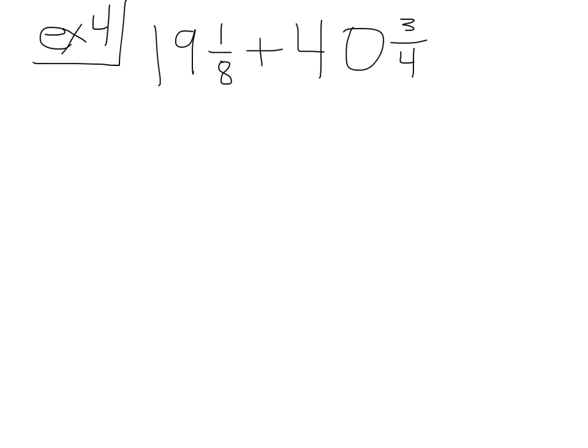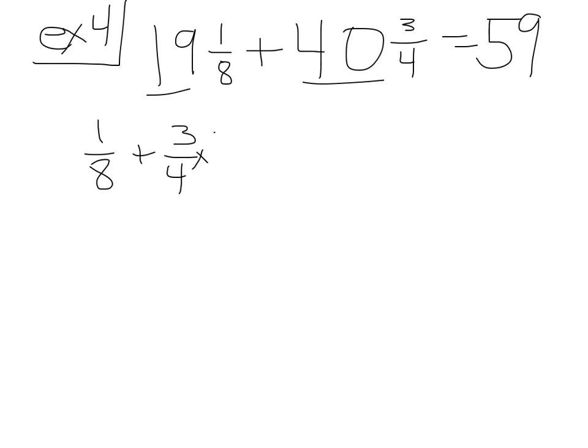So we're going to add, well, we could do this a couple ways. We can actually do a shortcut here. 40 plus 19 is 59. And then we can just add 1/8 and 3/4. So get common denominators. We would have 1/8 plus 6/8, which is 7/8. So that goes there.